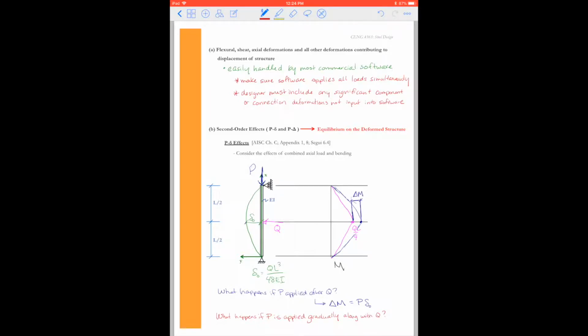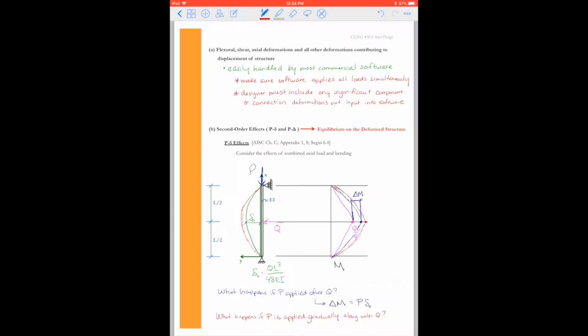Well, what happens is that with each increment, as we apply a little bit of load P, not only are we going to pick up this extra moment, but we're also going to pick up a little bit of extra displacement. And we can keep doing this and keep doing this. So really, if we apply P gradually, as we pick up this extra moment and get extra deflection, we're going to cause the moment and the deflected shape to shift out just a little bit further than the blue line.